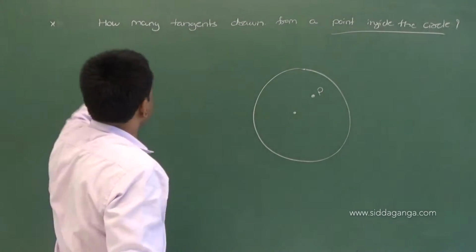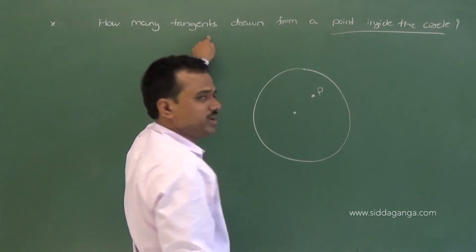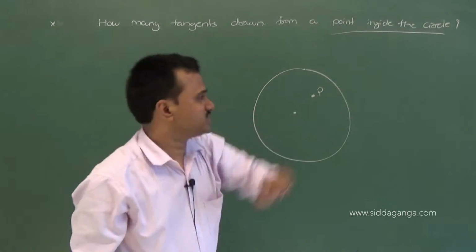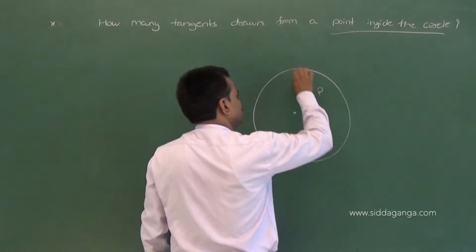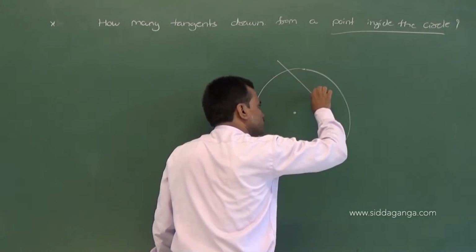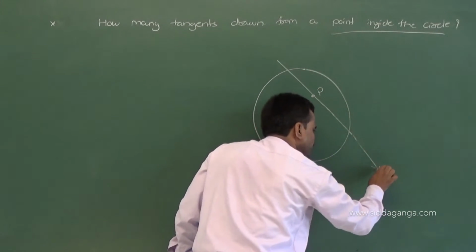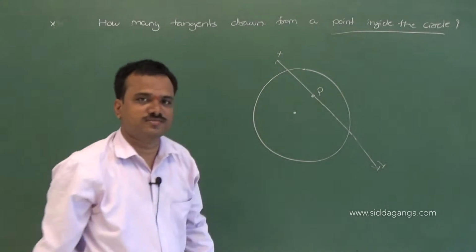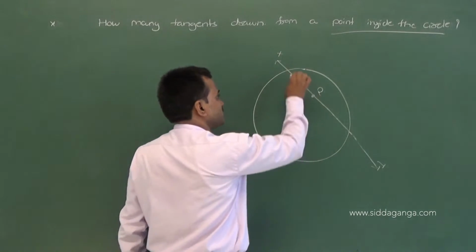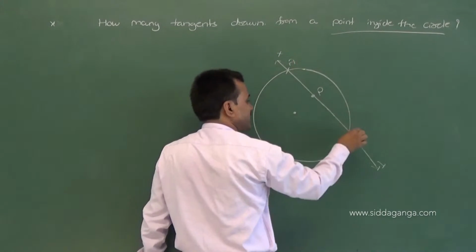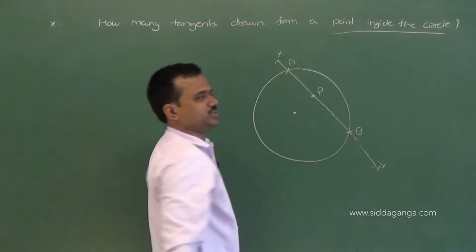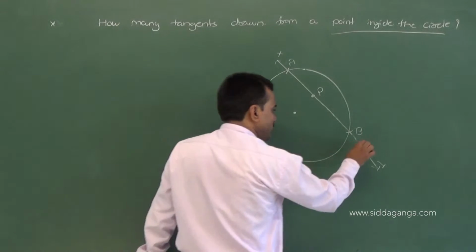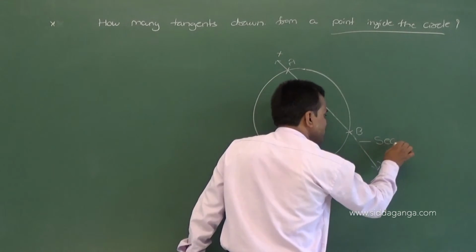The question is, how many tangents can be drawn from a point inside the circle? Suppose I draw a line segment. Is it a tangent? No. It intersects the circle at 2 points. That's why it is not a tangent, it is a secant.